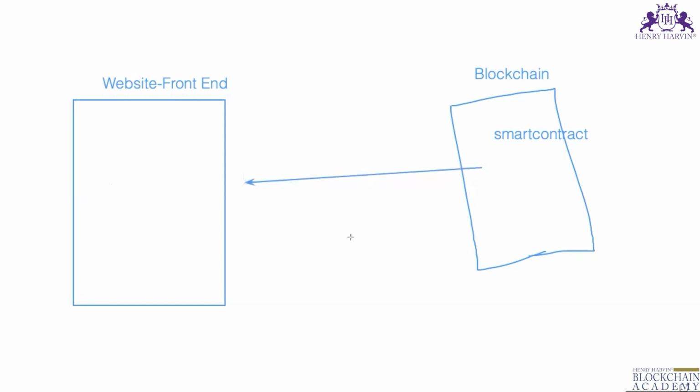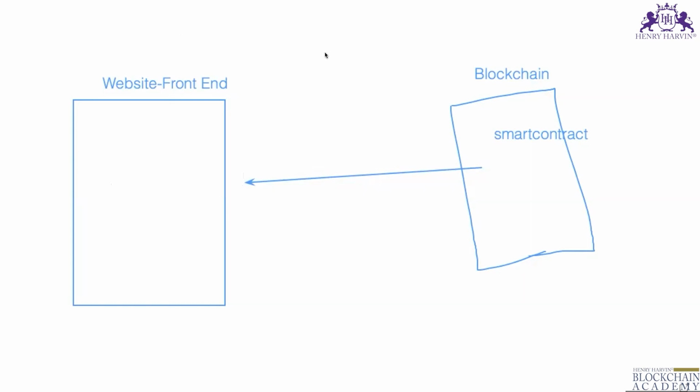That is what we are going to do. In our project, front end development is there, the back end is the blockchain, and reading from the blockchain to the website is that step. This is called complete DApp development, decentralized application development.